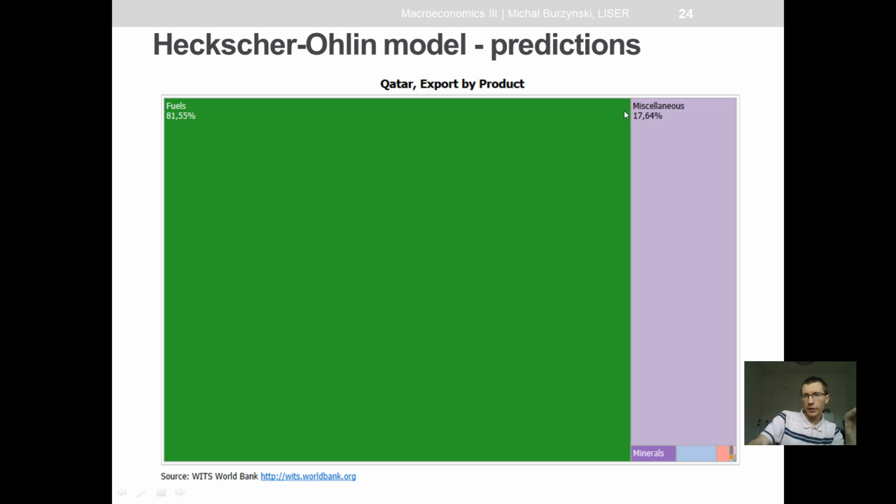So for example, we have fuels, we have different other categories of goods that are exported, which are not directly classified. We have minerals and some other stuff, which is really tiny out there. So we see what's the export structure of Qatar. It's 81.5% fuels, things that are really intensive in the factor in which Qatar is abundant, oil. Fair enough, in line with the Heckscher-Ohlin model.